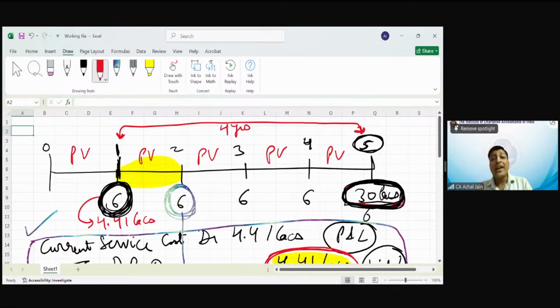So therefore, to this 4,41,000, if you keep accruing interest for 4 years, that's when you will reach 6 lakhs. After 1 year, you will not reach 6 lakhs. Okay. Clear on this?